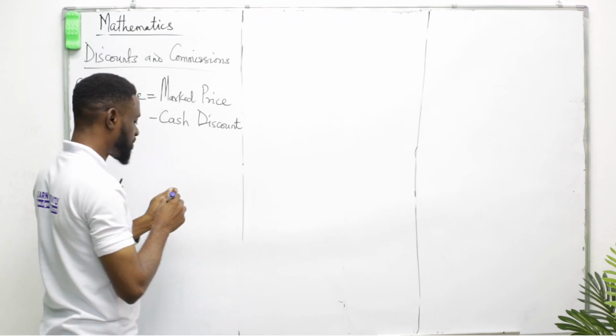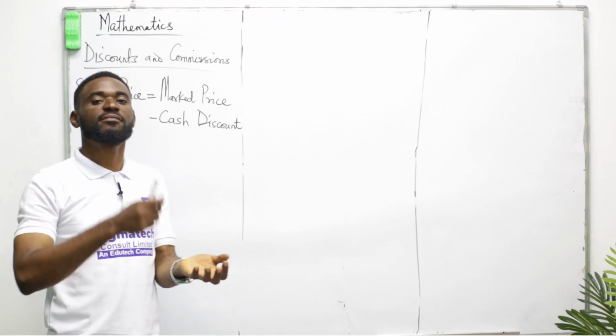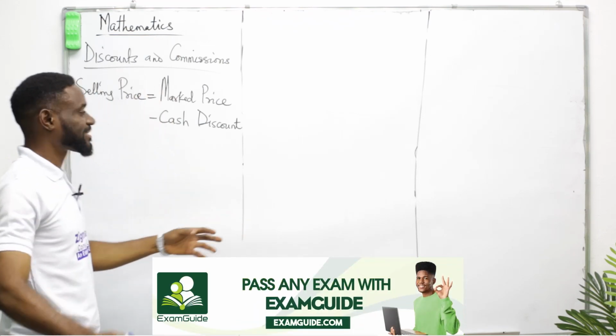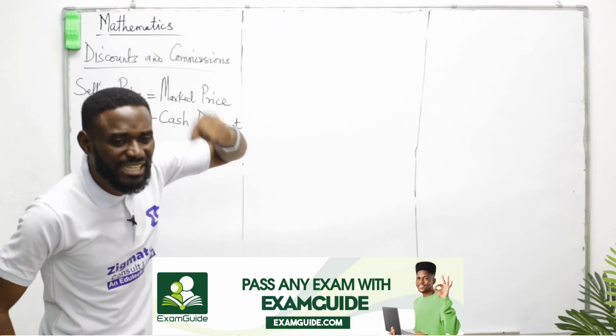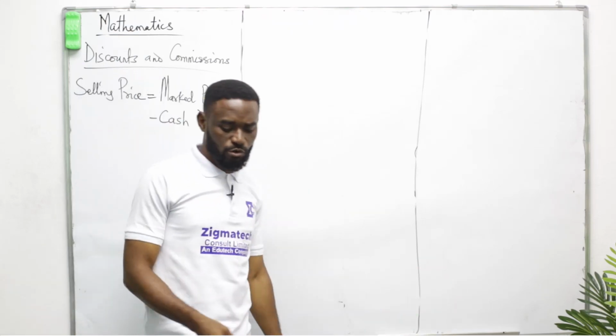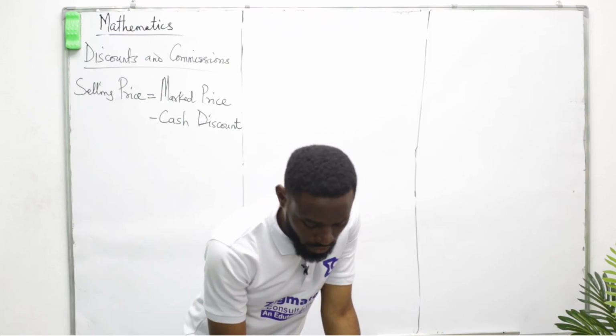So the selling price, meaning the amount an individual will pay after a discount is given, is the marked price subtracted by the discounted amount that is given, okay? So that is how to get the amount to pay, all right?